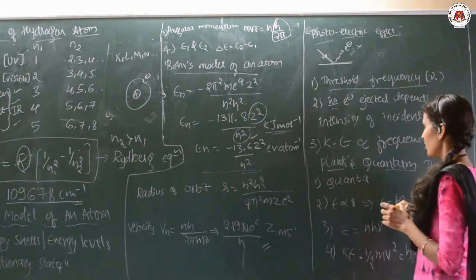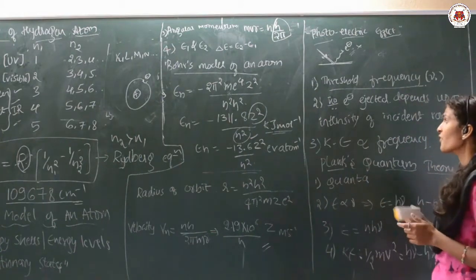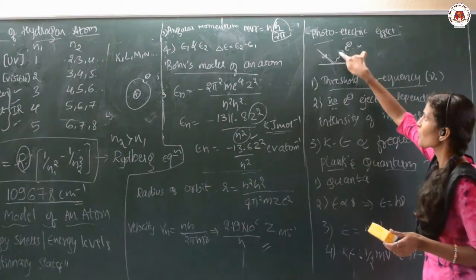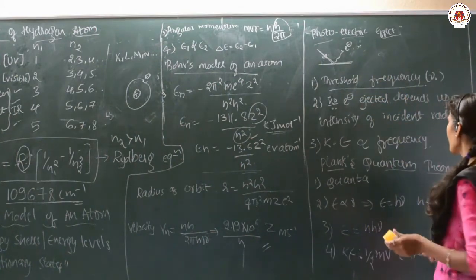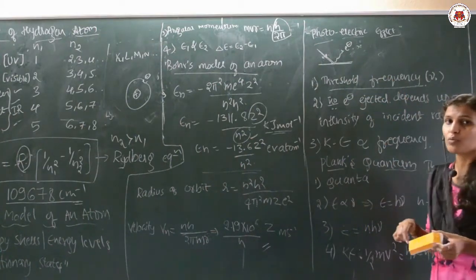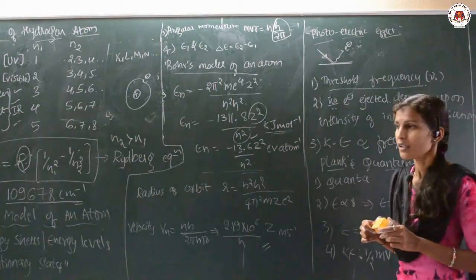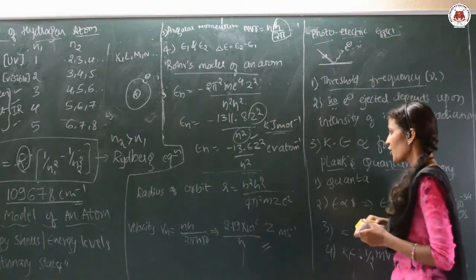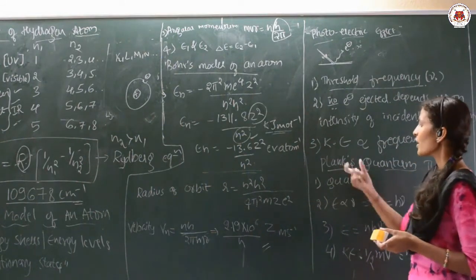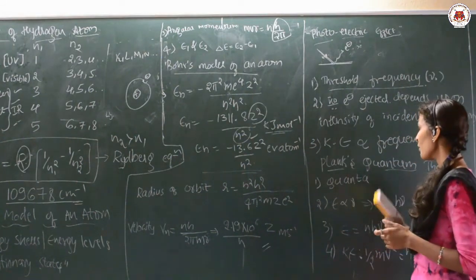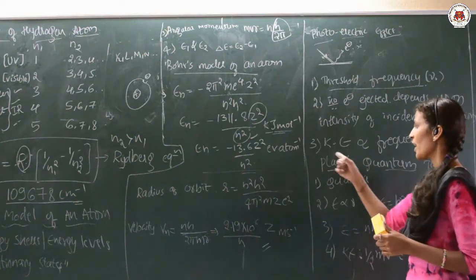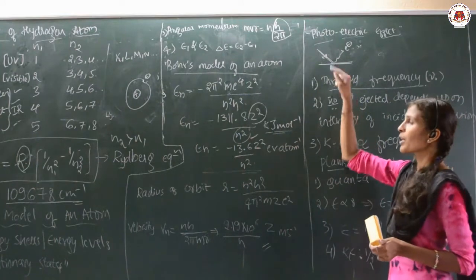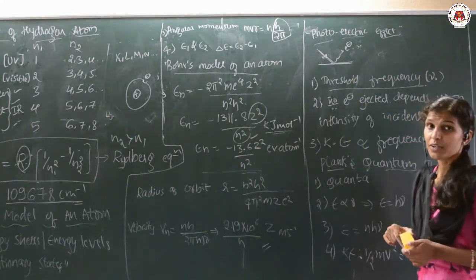Okay. And then a few more points here. The number of electrons which are ejected depends upon the intensity of the incident radiation. And one more thing, the kinetic energy of the electron is directly proportional to the frequency of the incident radiation.